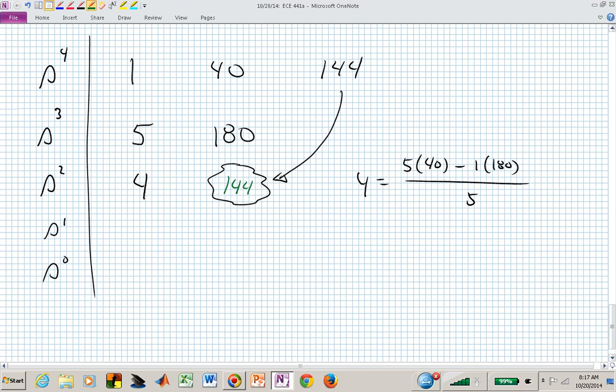Uh-oh. Divided by 4. We're okay with the division, but our numerator was 0. So let me write that down. We had 4 times 180 minus 5 times 144 all over 4. That ends up being 0.